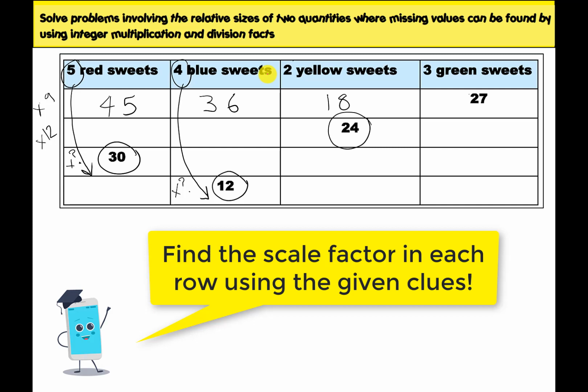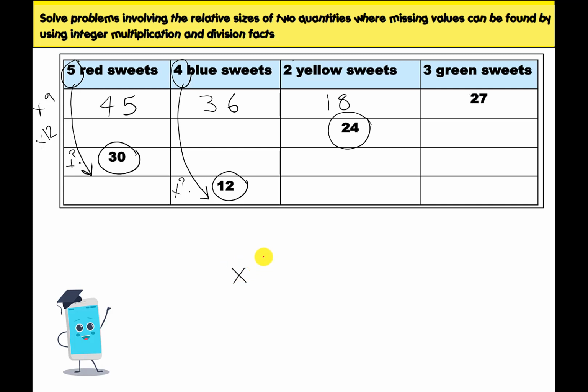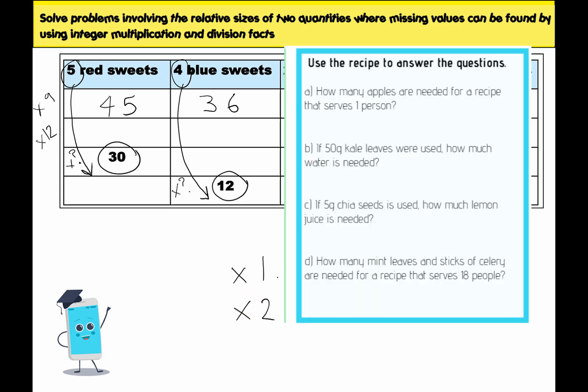Remember, your scale factor might be something like times 1.5 or times 2.5, okay? Just give it a go, try and figure out what the scale factor is and then apply it to the rest. Okay, good luck with that activity.